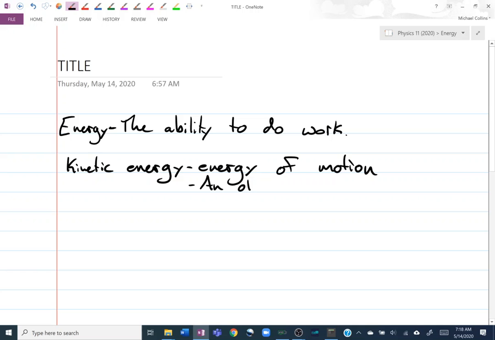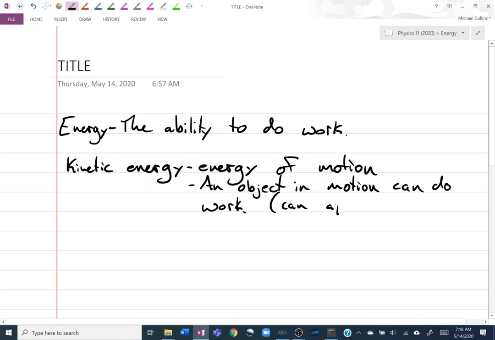An object in motion can do work. So that means an object can apply a force over a distance. Let's write that down. Can apply a force over a distance.